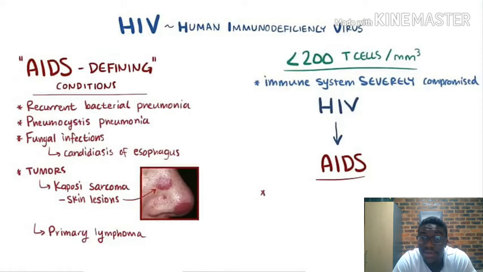Antiretroviral drugs are classified according to their ability to interfere with certain stages of the HIV life cycle. There are antiretroviral drugs that interfere with entry, called entry and fusion inhibitors, reverse transcription inhibitors, integrase inhibitors, and protease inhibitors.